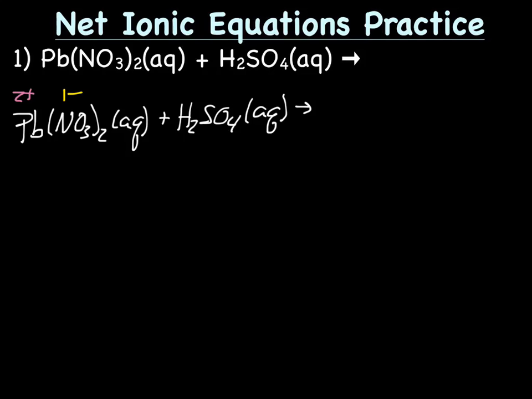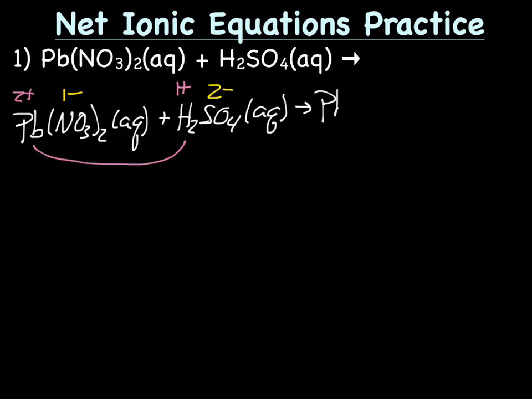Okay, and then we've got hydrogen sulfate. Hydrogen, being that it's written first, this is going to be an ionic compound. H has a 1 plus charge, sulfate a 2 minus charge. Okay, and from here, the positives are going to switch places.